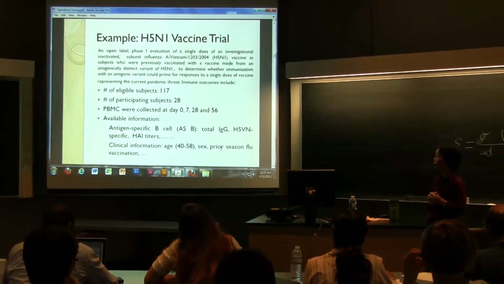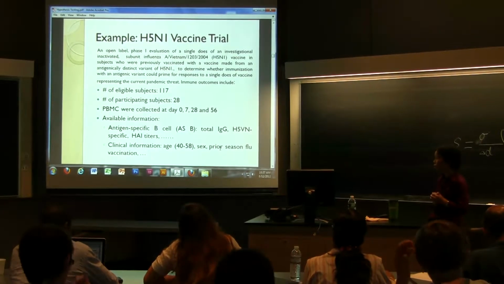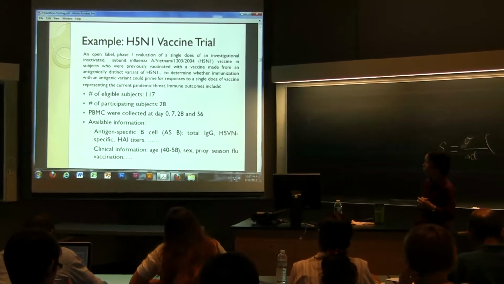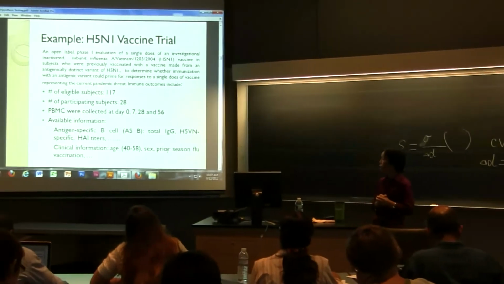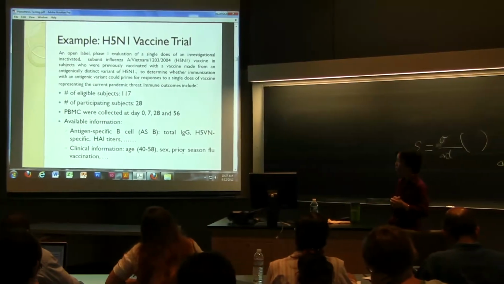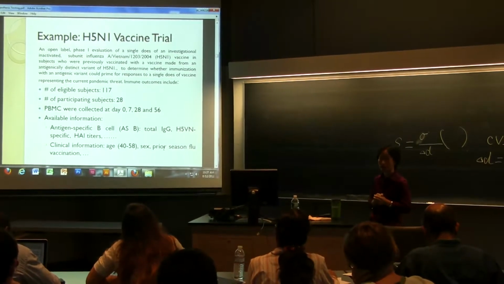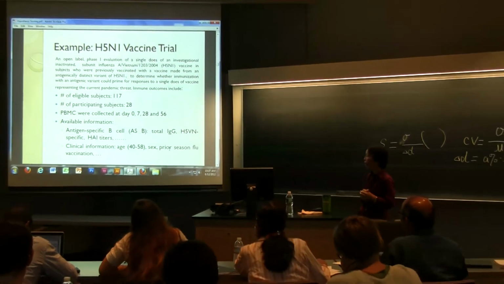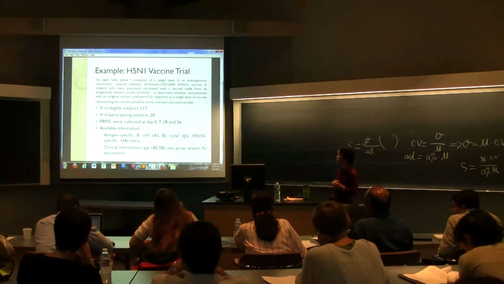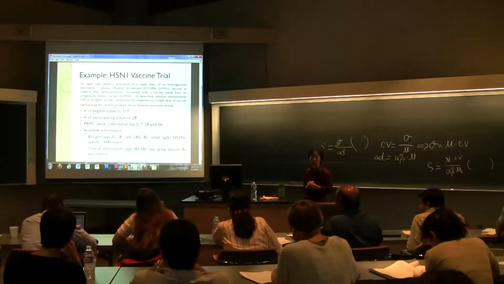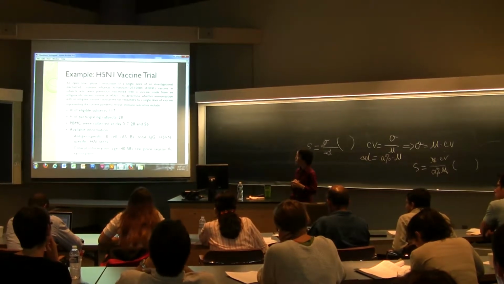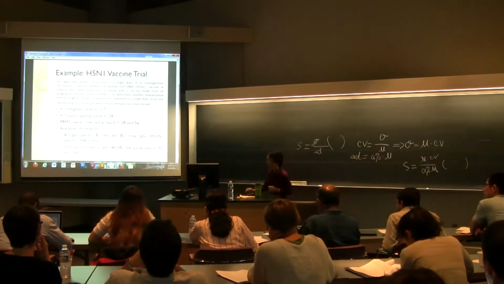We also have clinical or lab information: antigen-specific B cell, total IgG, H5N1-specific cell count, and also HAI titers. For clinical information, we have age, sex, and prior seasonal flu vaccination status, whether a subject got a prior seasonal flu vaccination or not.